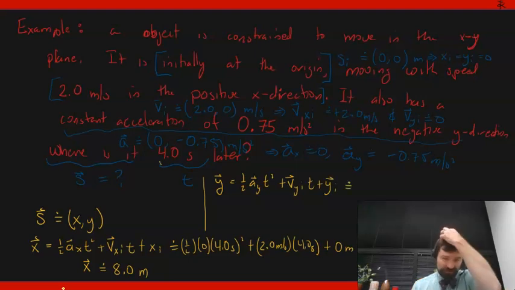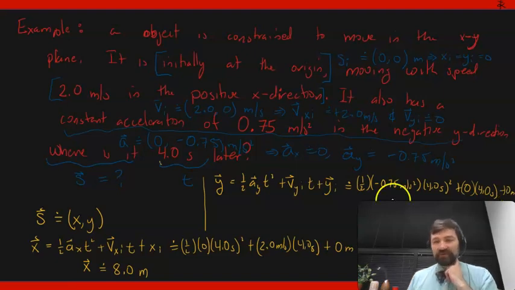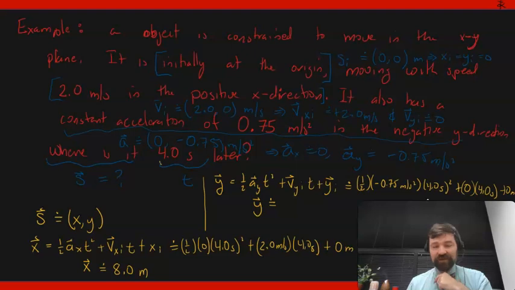That ends up looking like 1/2 times negative 0.75 meters per second squared times 4.0 seconds squared, plus 0 times 4 seconds, plus 0 meters. So y final is negative 6 meters.